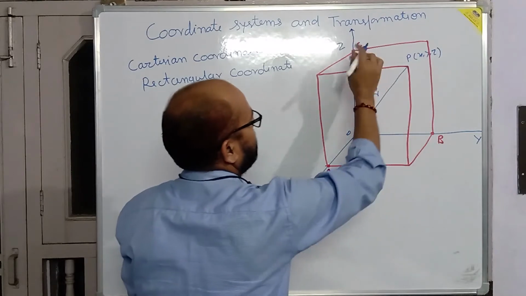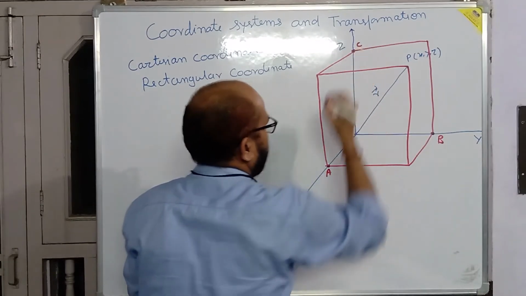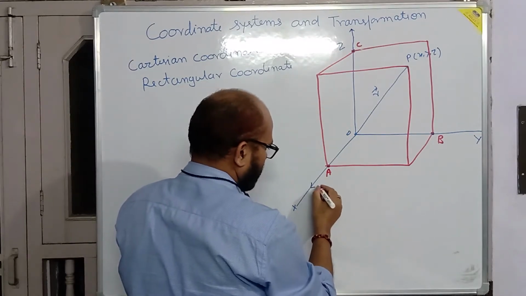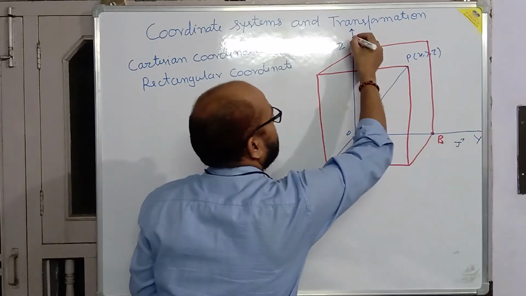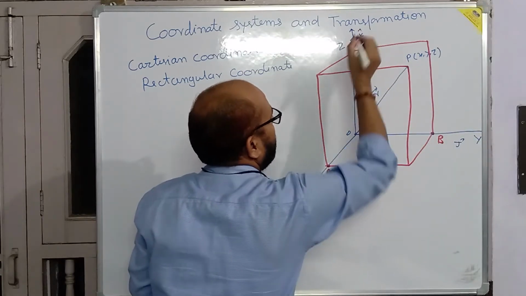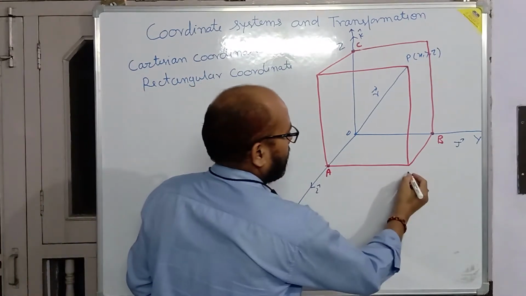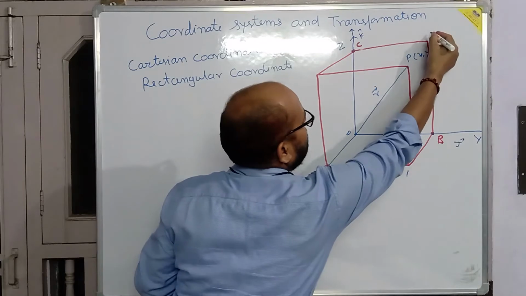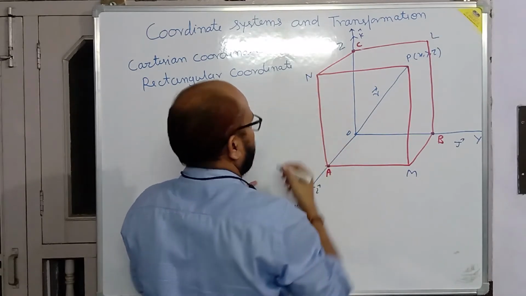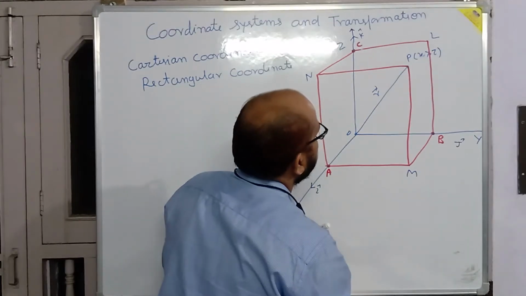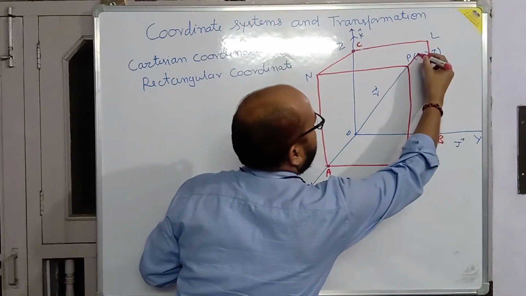A, B and C cut the x-axis, y-axis and z-axis. Here i cap is the unit vector along the x-axis, j cap is the unit vector along the y-axis and k cap is the unit vector along the z-axis, right? Suppose L, M, N, right? That is a 3D, three-dimension plane. Okay.